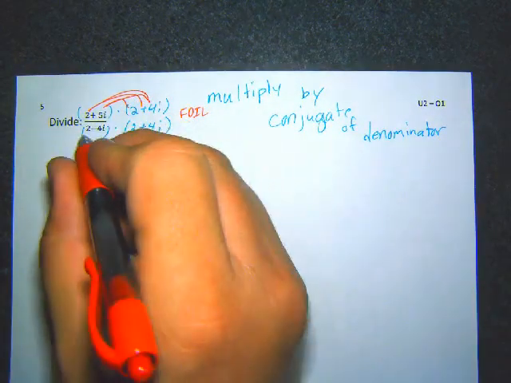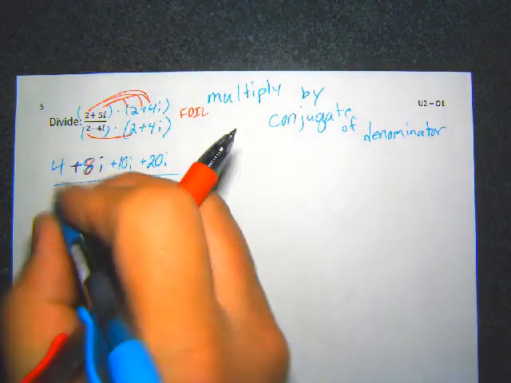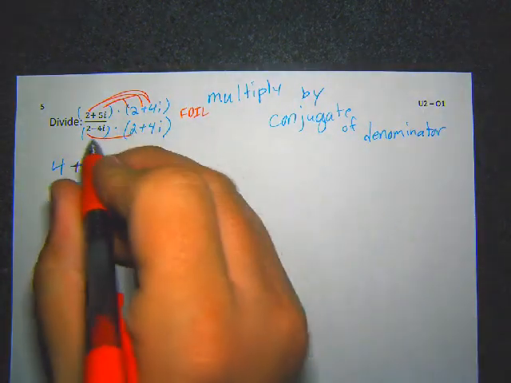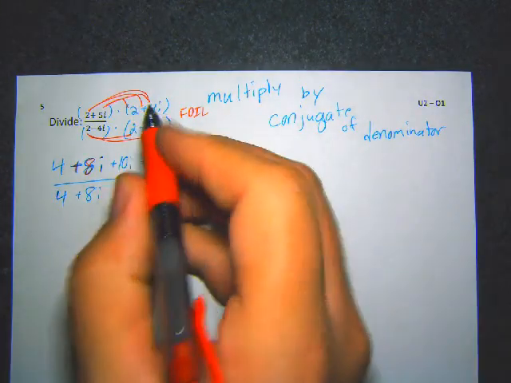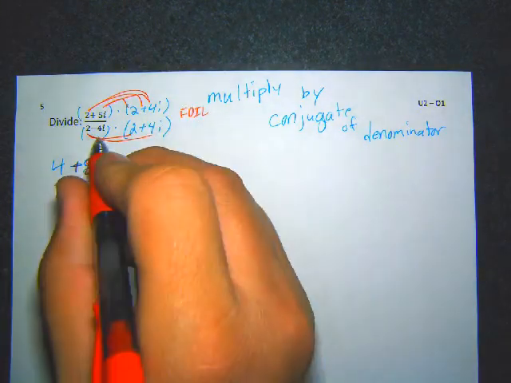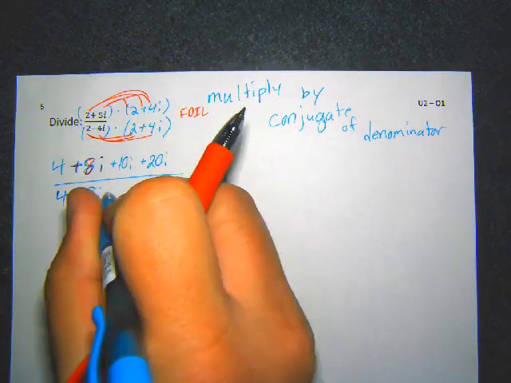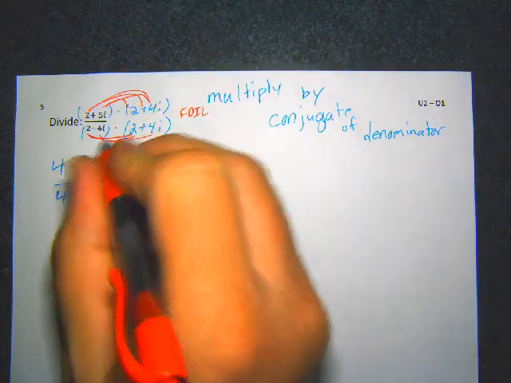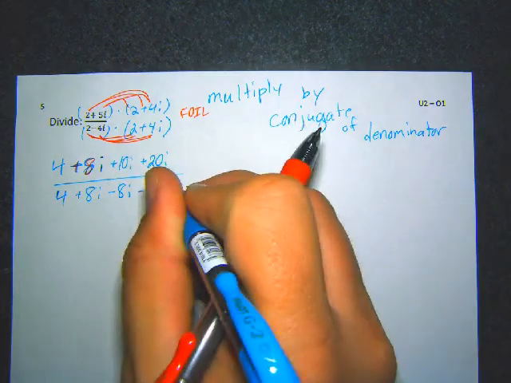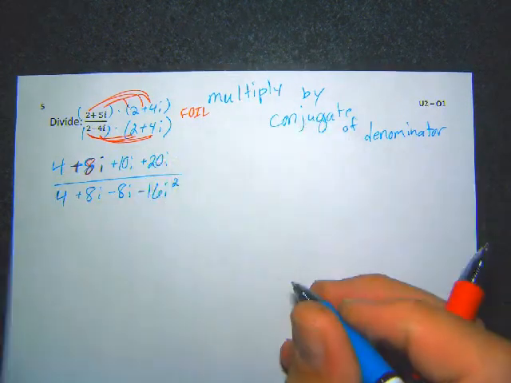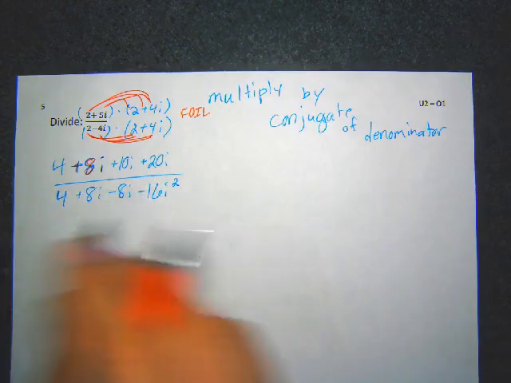Bottom, we do the same thing. First, 2 times 2 is 4. Outer, 2 times 4i is positive 8i. Inner, negative 4 times 2 gives me negative 8i. And last, negative 4i times positive 4i is negative 16i, and i times i is i squared. Okay, so we get that.